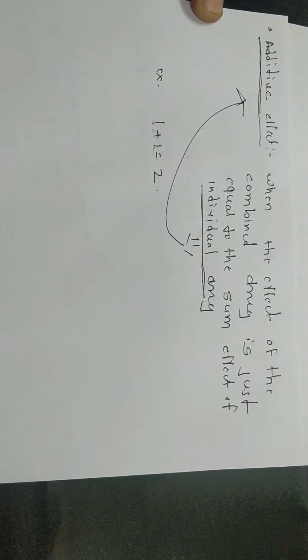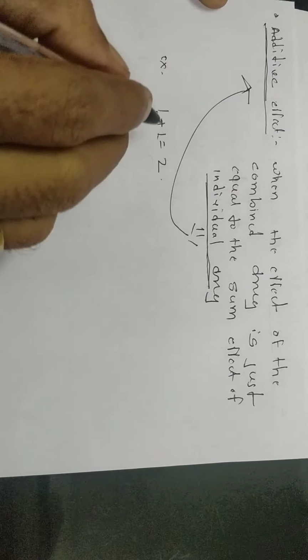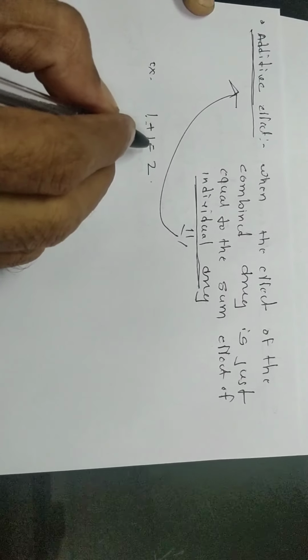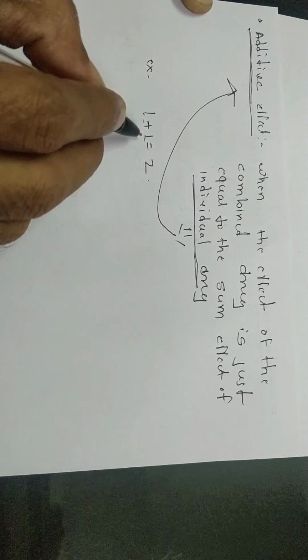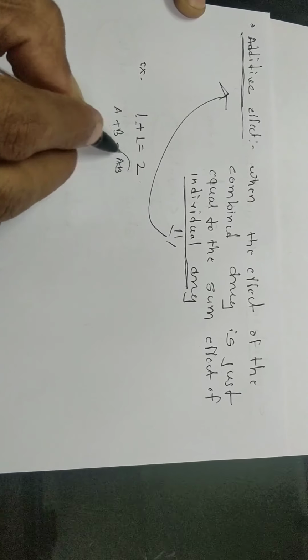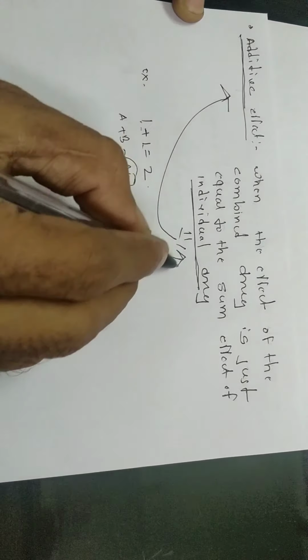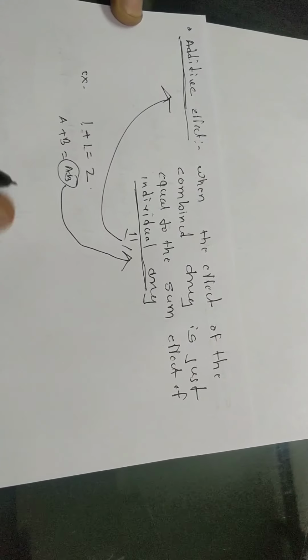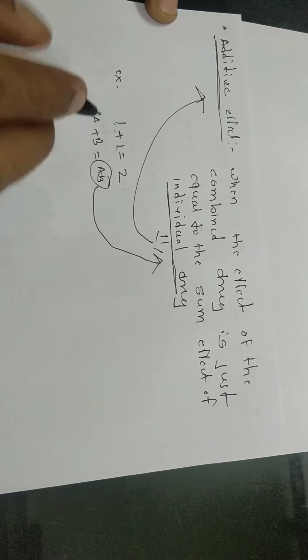The effect should not increase. The effect should be what they have individually, given in combination. A plus B is equal to AB, the individual sum of the effects, is called the additive effect. Okay.